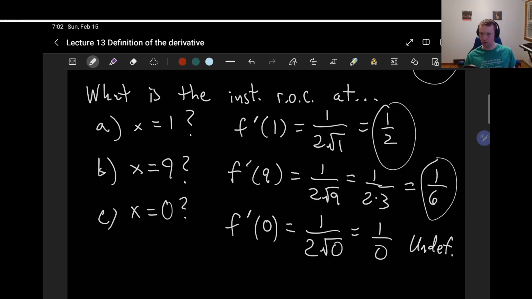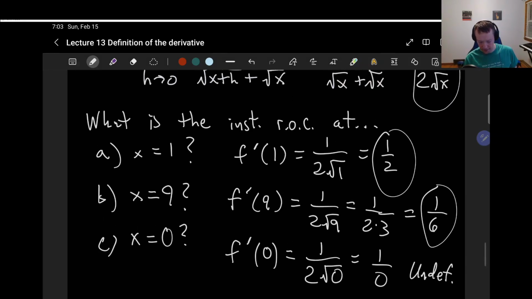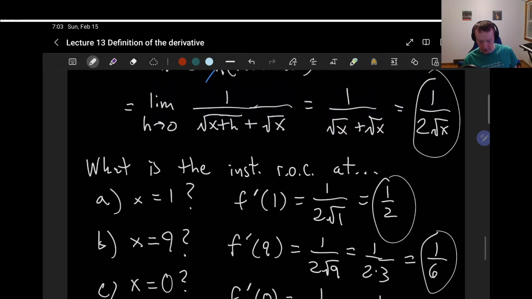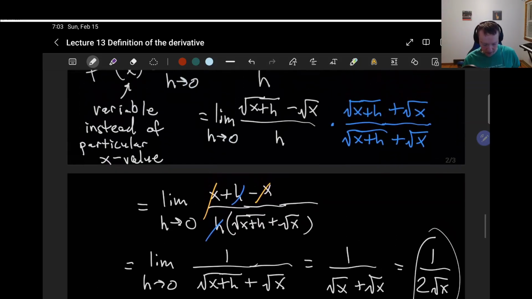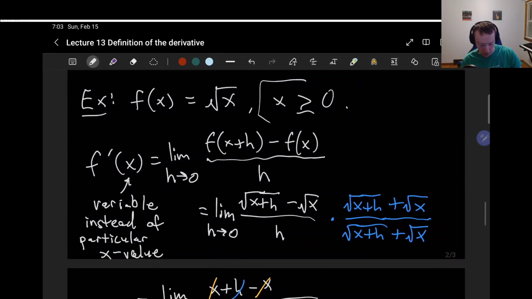So it turns out there was a slight flaw in my derivative. It's undefined at 0, and you can tell when you really look at it. Right? If I plug in 0, that's a problem. Also, any negative number, but we're not focusing on that because that's not in our original domain anyway.